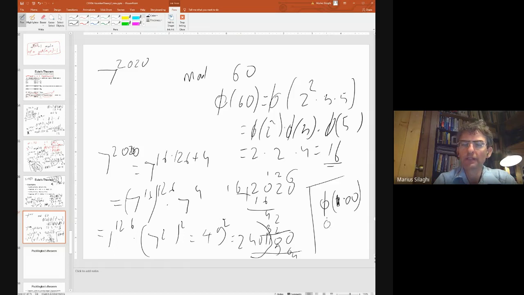Okay, so it's Euler totient of 2 square times 5 square. It's Euler totient of 2 square times Euler totient of 5 square. 2 square, it's 2 times 2 minus 1. And 5 square, it's 5 times 5 minus 1, which is 5 times 4. So the total result is 40. Okay.